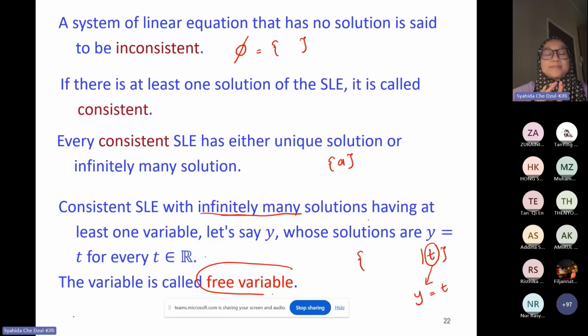This term is very important, so you have to take notes: whenever the solution has a parameter t and parameter t represents a variable y, therefore the variable y is called a free variable. You do need to understand and remember this term because we are going to use it later on.